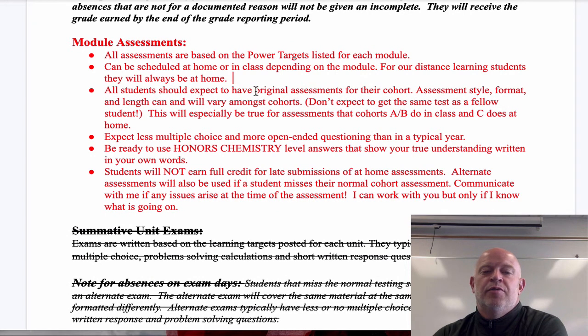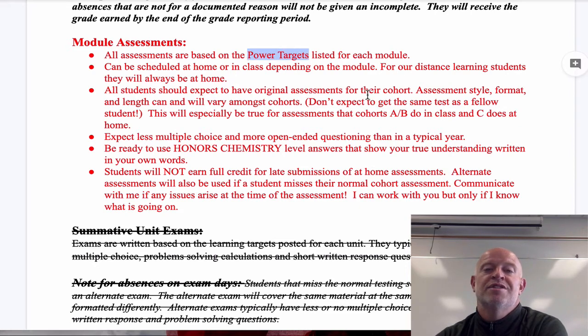You should expect to have original assessments for your cohort. Okay, what that means is you can have a change in style, format, and length. Okay, don't expect just because cohort A got a certain type of test that cohort B is going to get the same type of test. Cohort A might have 3 essay questions. Cohort B might have 5 fill in the blanks and 2 essay questions. It is going to be different, but I will promise you this: every single assessment will assess the same targets.